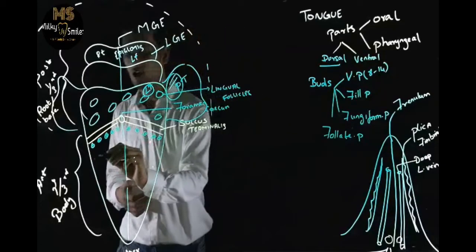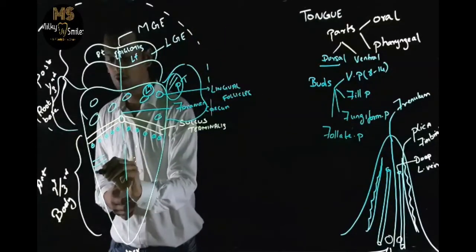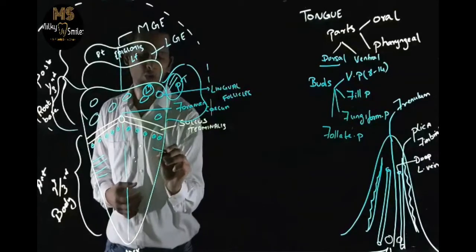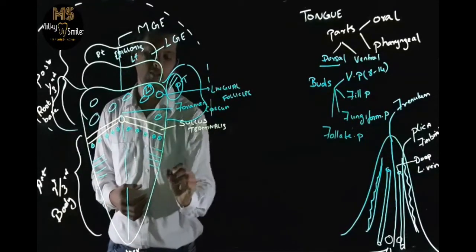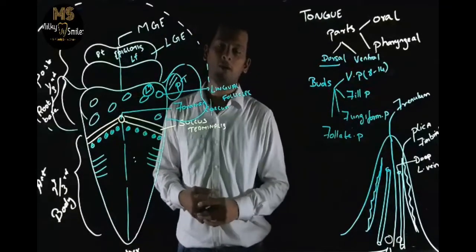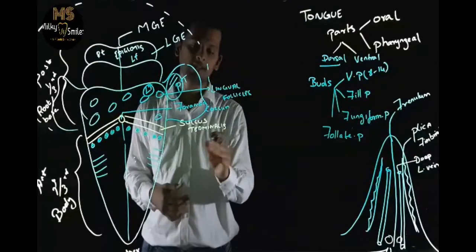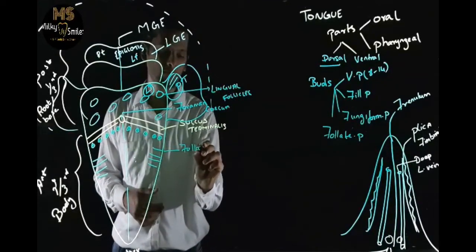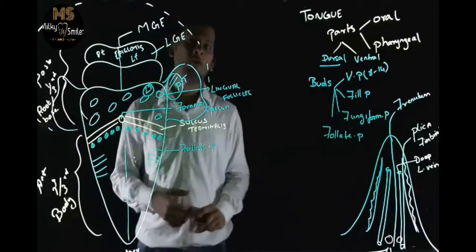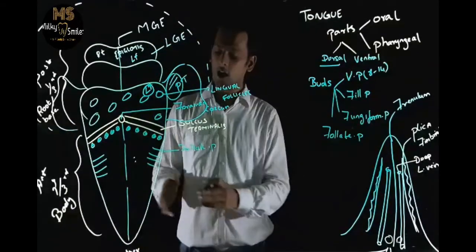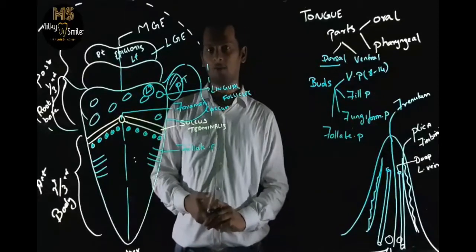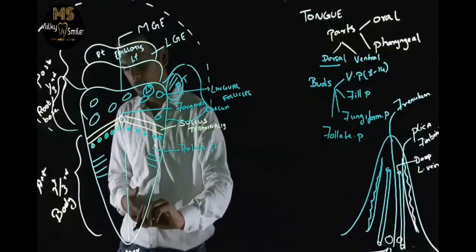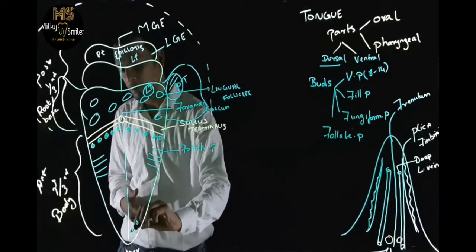The foliate papillae are vertical folds or groove-like in appearance and are found anterior to your sulcus terminalis again. And the third one, at the tip of your tongue, the second largest papillae, is your fungiform papillae.